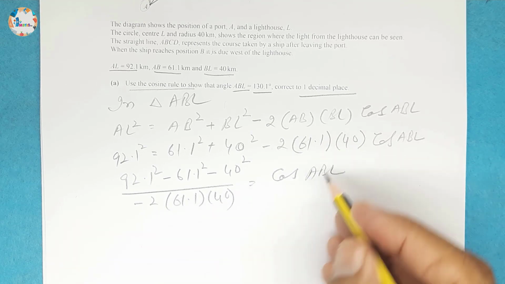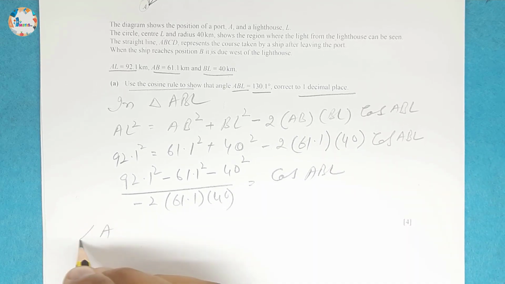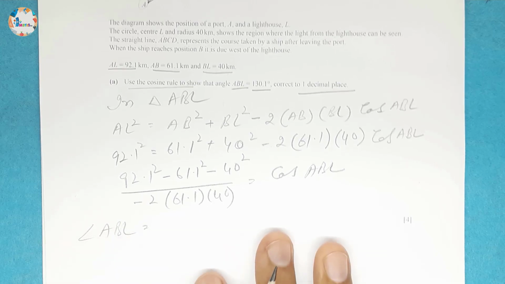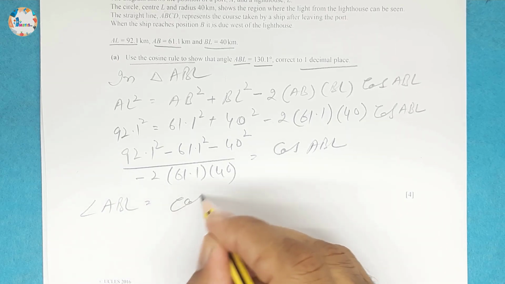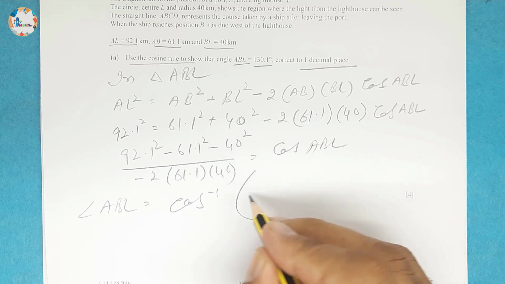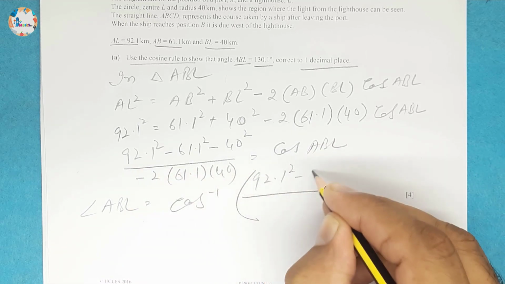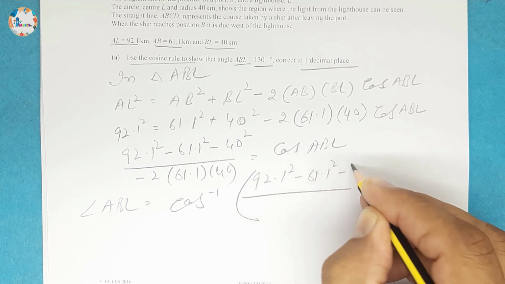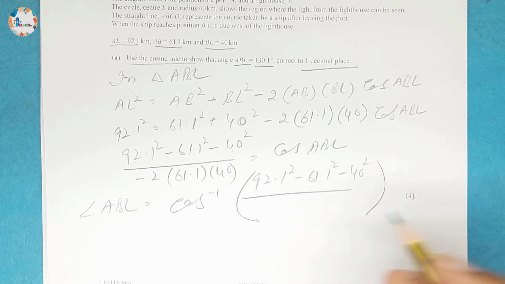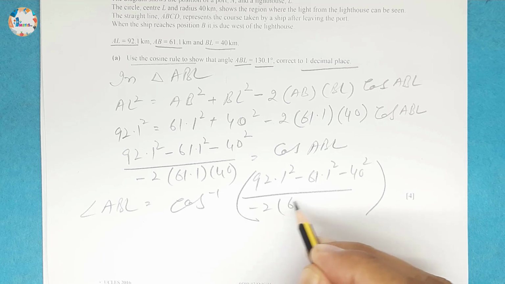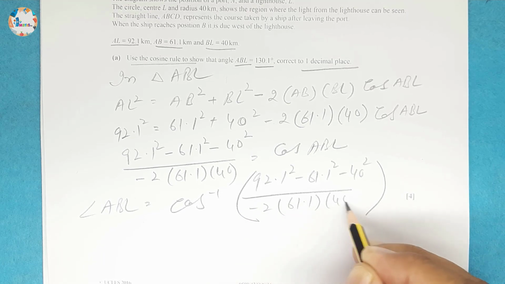Now we can find ABL. Angle ABL will be equal to cos inverse of 92.1 squared minus 61.1 squared minus 40 squared, over minus 2 into 61.1 into 40.